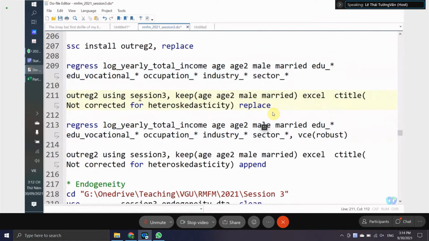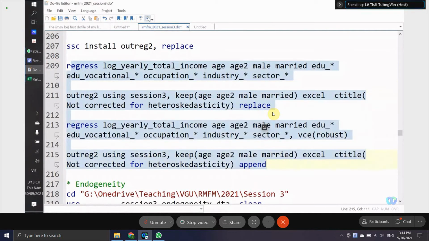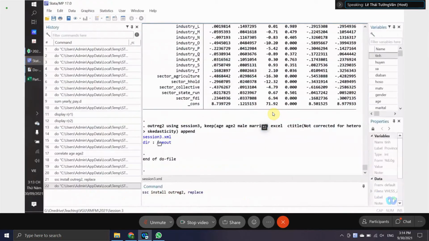The first time I run the outreg2 command, I will use the subcommand replace, meaning that every time I run this command, it will erase all of the previously created table with the same name and create a new one. Append means that every time you run an append command, it will append the estimate results into your table.